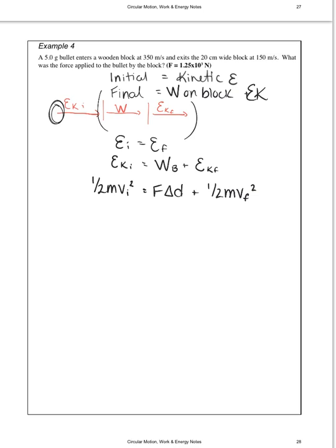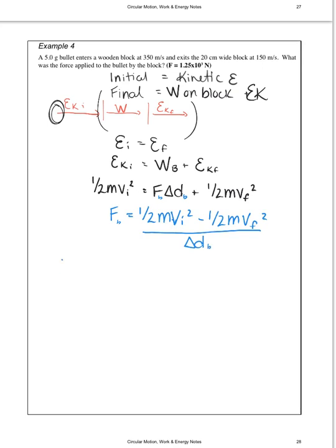In this case, we are reorganizing to find force. Force will be equal to 1/2 mvi squared minus 1/2 mvf squared, divided by the distance through the block. So this was the distance and the force on the block.